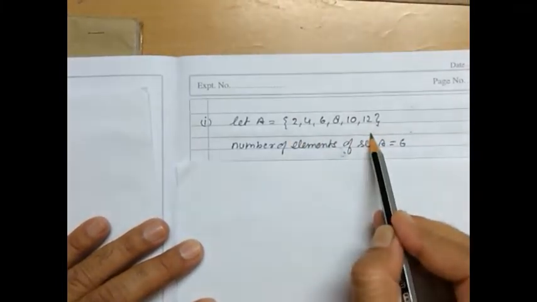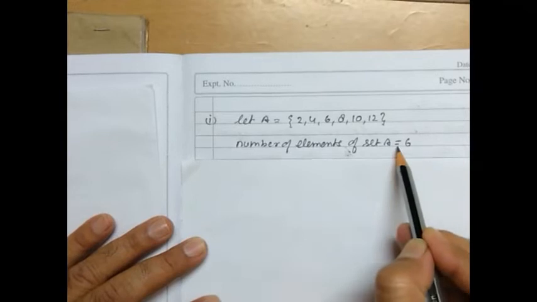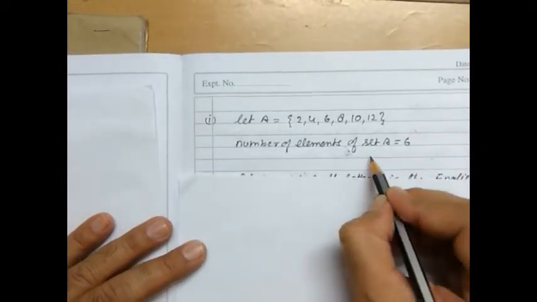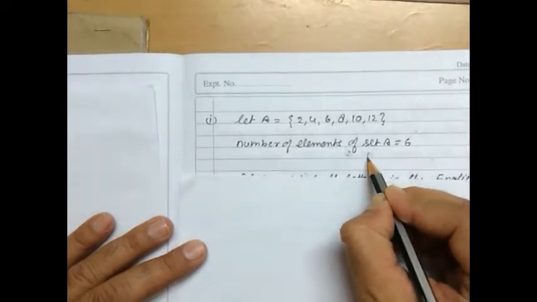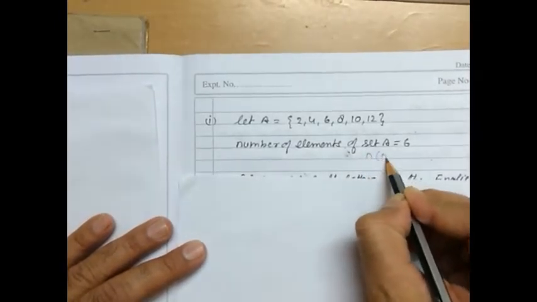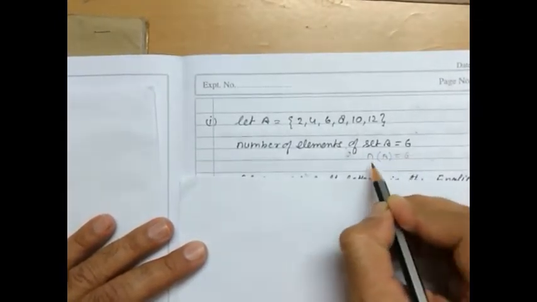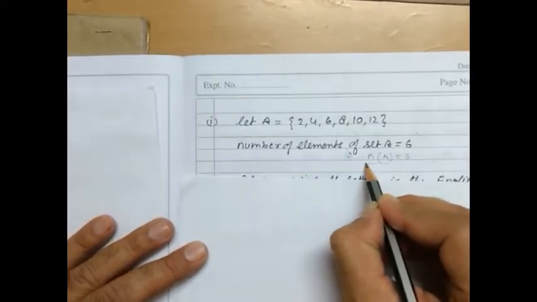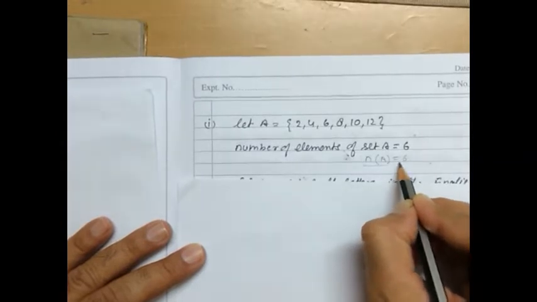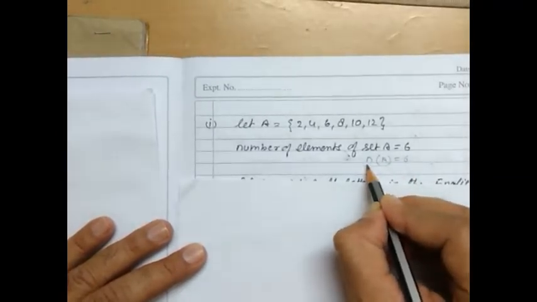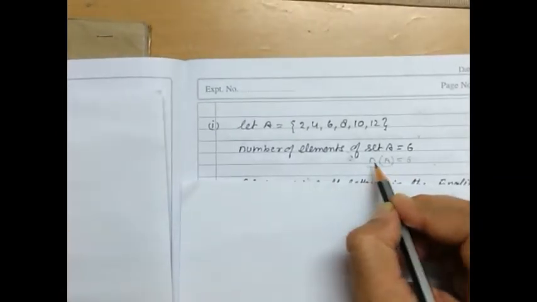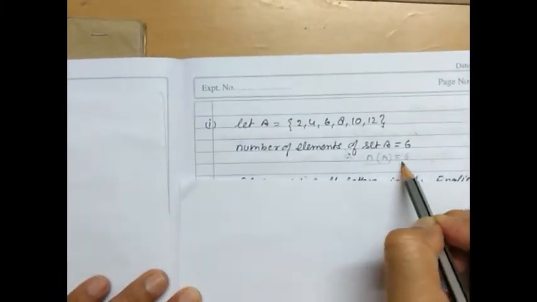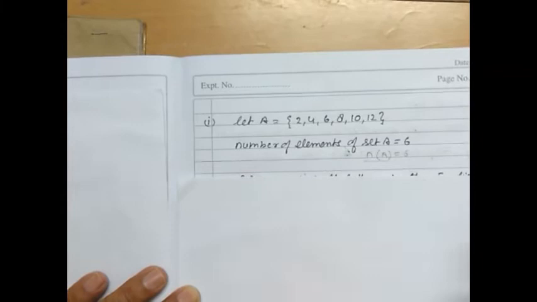So n of A is equal to 6, and this is known as the cardinal number. Cardinal of set A is equal to 6. Cardinal means that when we count the number of elements of the set, this is known as the cardinal of set A is equal to 6.